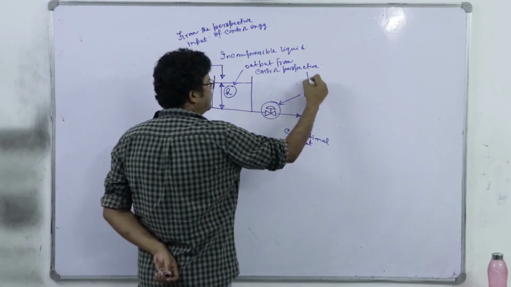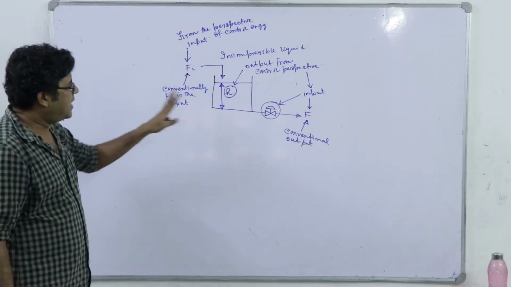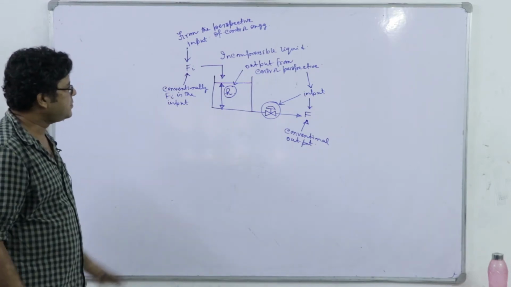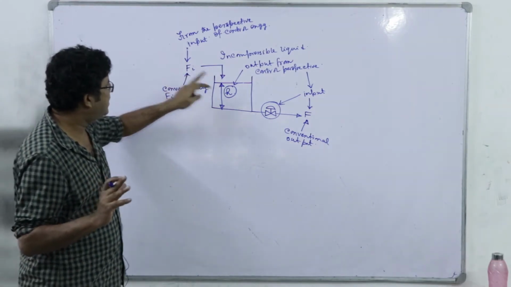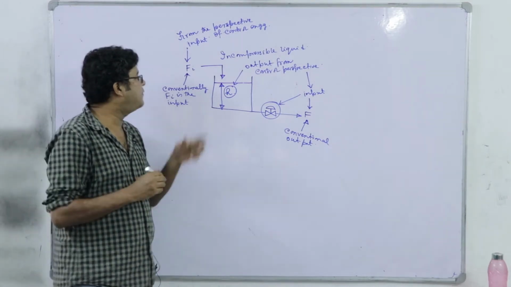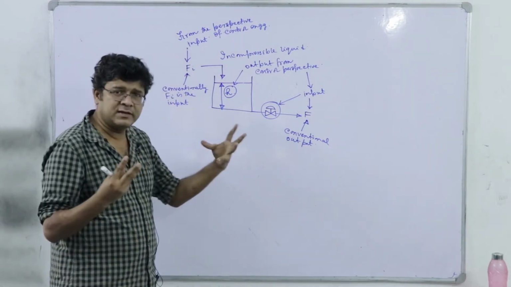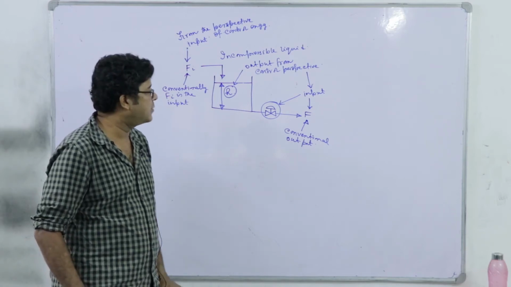So this is an input from the control perspective. So again now there are two different inputs, Fi and F, right. If Fi and F, these two are the input, whether there is any characteristic difference between these two, definitely there exists some characteristic difference.